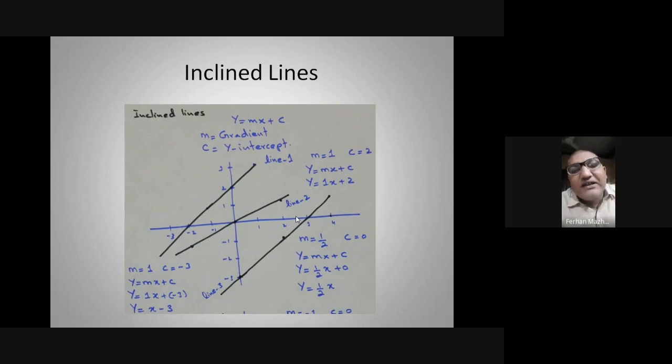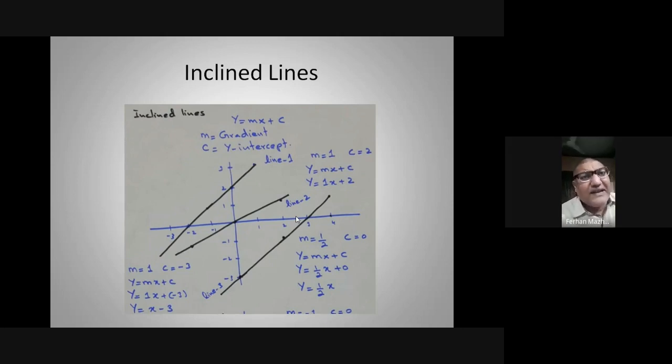You already have learned the gradient is the rise divided by run, or y2 minus y1 divided by x2 minus x1. You should know two things: gradient and y-intercept. Gradient you already know, we have practiced a full exercise on it. And y-intercept means when that line cuts the y-axis, what's the value of y there?